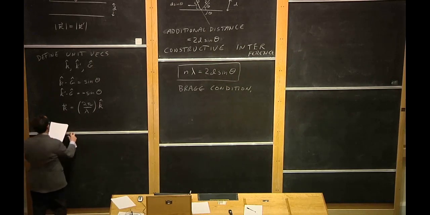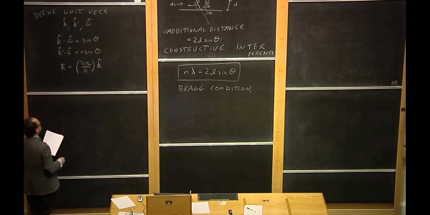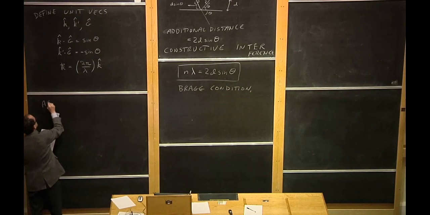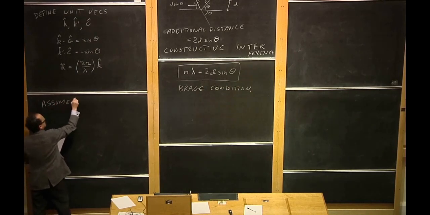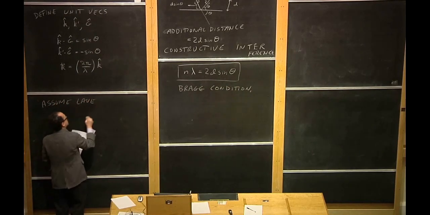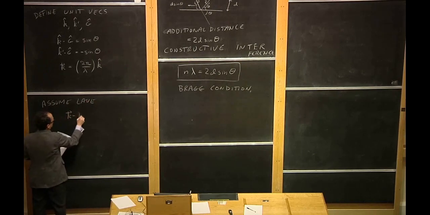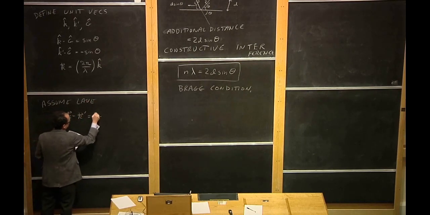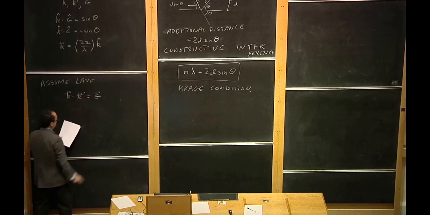Yeah, okay. Good. So we're going to assume the Laue condition. So assume Laue. That is k minus k prime equals G. So assume that's satisfied.